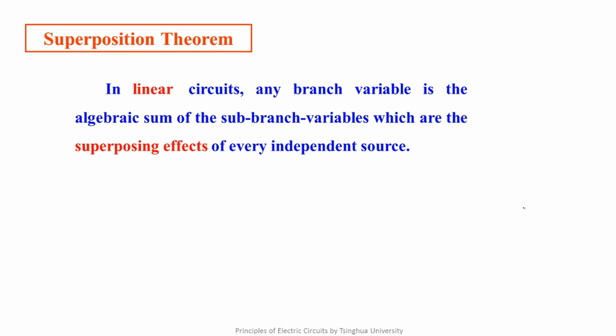Now we introduce the superposition theorem formally, which means in linear circuits, any branch variable is the algebraic sum of the sub-branch variables, which are the superposing effects of every independent source.